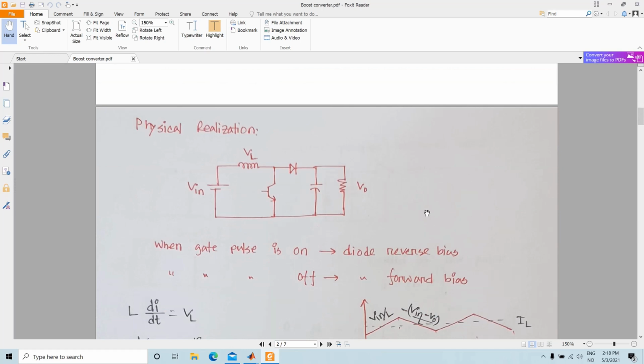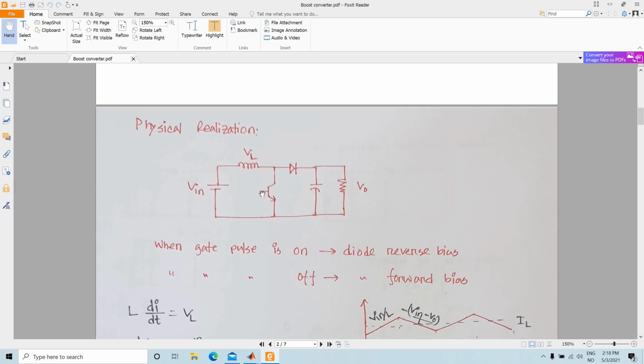Okay, so now how this circuit is implemented, how these switches are implemented. The switches are basically replaced with a set of a transistor, or it can be a FET as well, and a diode.